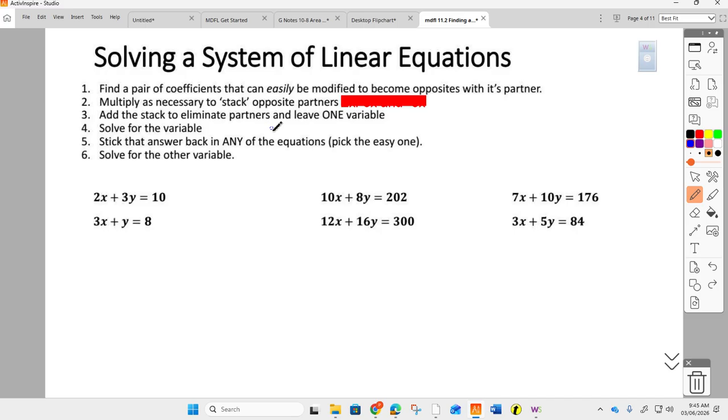So negative 3 and 3 are opposites. What happens when you add negative 3 and 3 together? You get 0. So opposites always add up to 0. What's the opposite of 8? Negative 8. When we add 8 and negative 8 together, we get 0. So we are stacking, putting them in order, and then looking at our stacks.